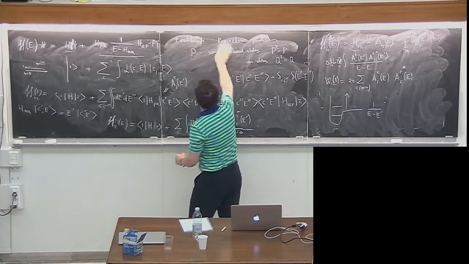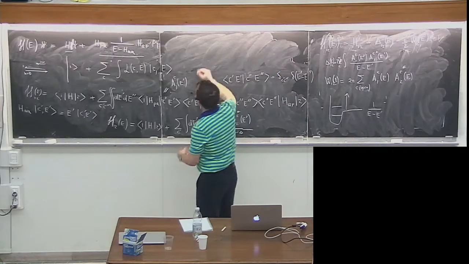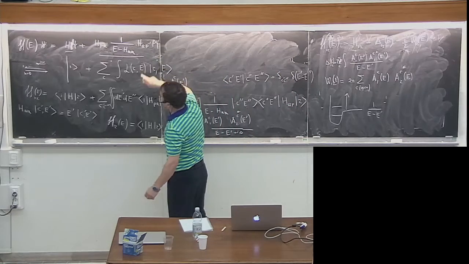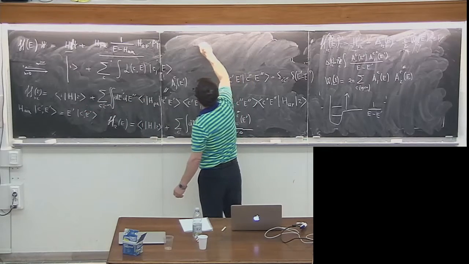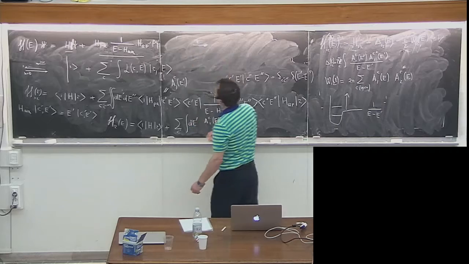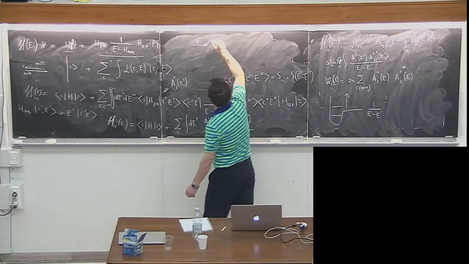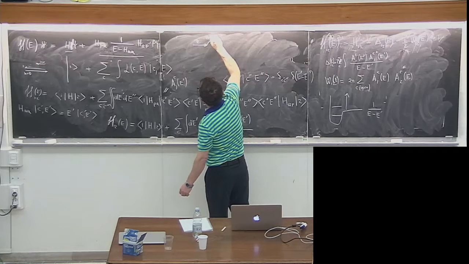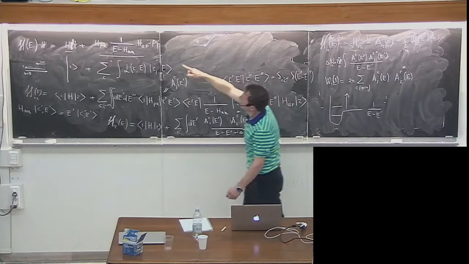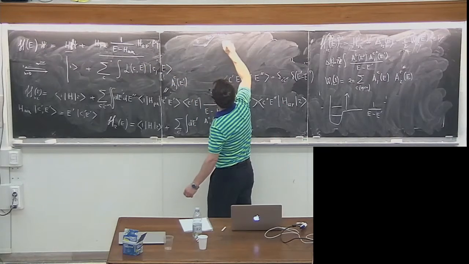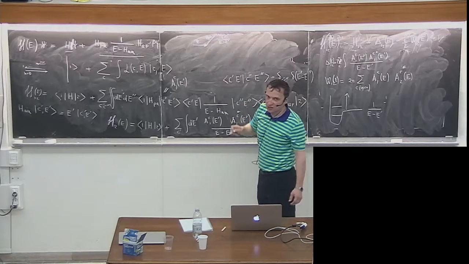So you can look at it as a process where I had my state. I'm starting here, maybe I can look at this with state 2. So I'm coming with state 2. Then this state 2 scatters somewhere with HPQ, goes into the continuum, and propagates in the continuum with this interaction 1 over E minus E prime, where E prime is the energy in the continuum.